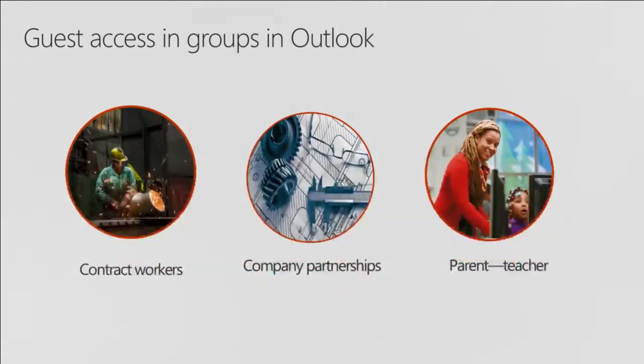We released guest access in Outlook for Outlook Web last fall, September 2016, and today millions of people use guest access for a plethora of scenarios. Starting from parent-teacher collaboration in the EDU world, working with contingent workers, planning for mergers and acquisitions, working with partners, subsidiaries, guest access is used almost everywhere.